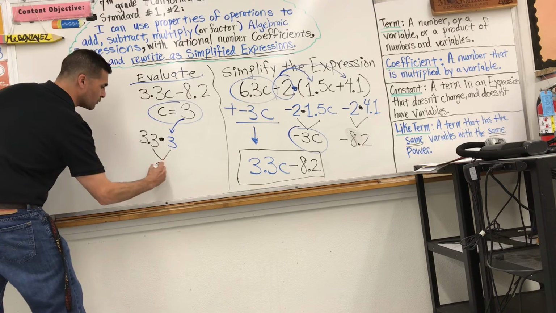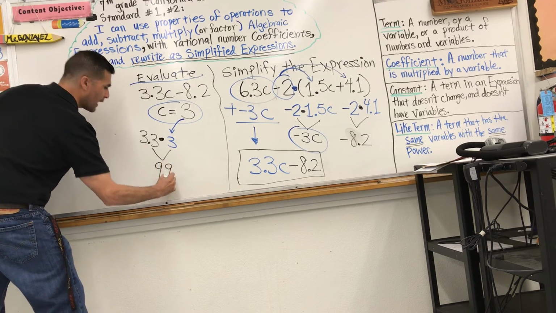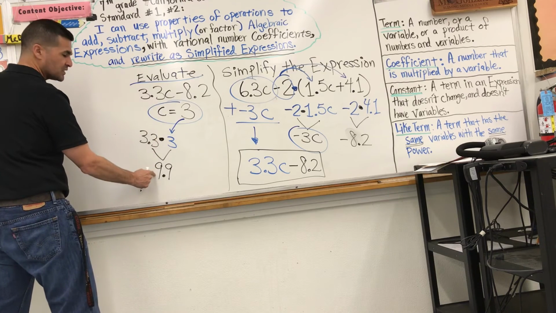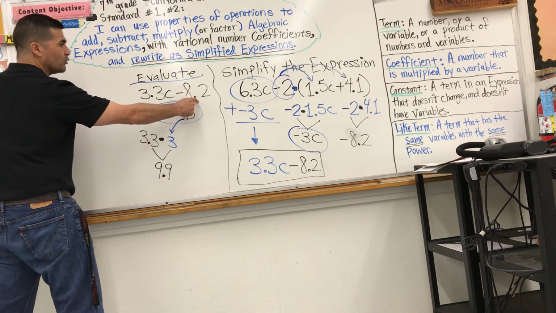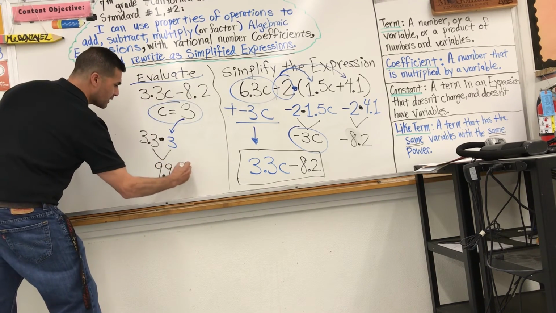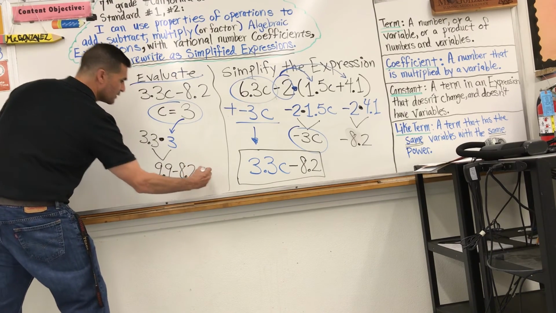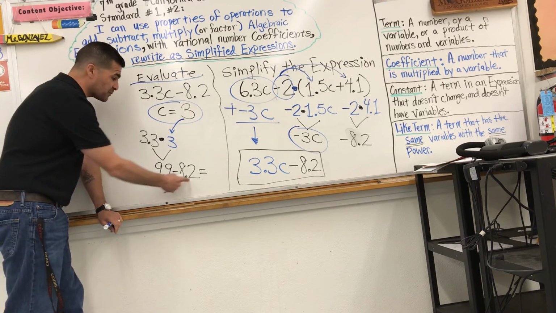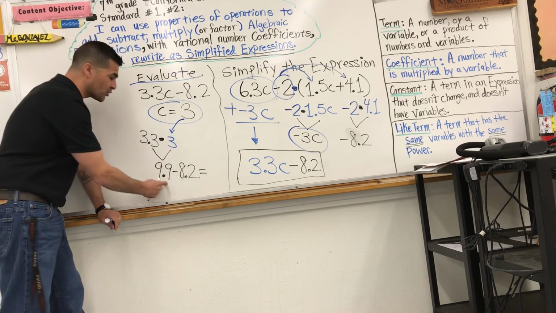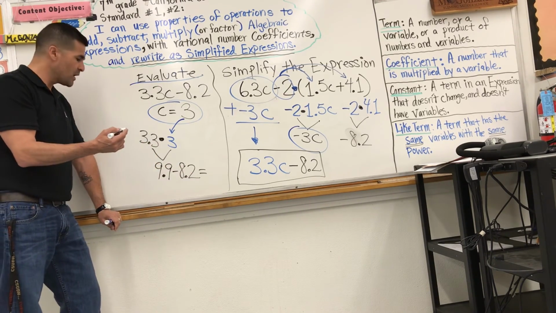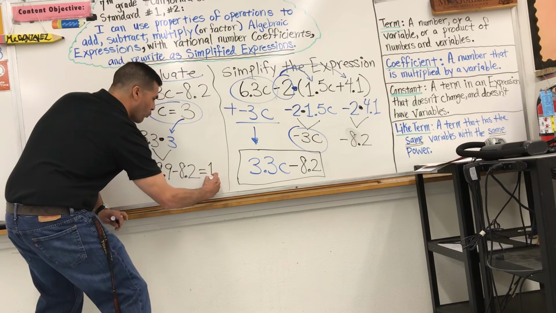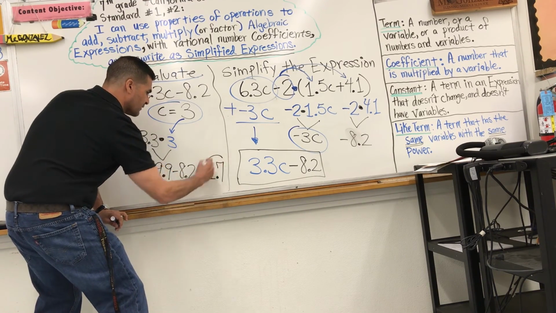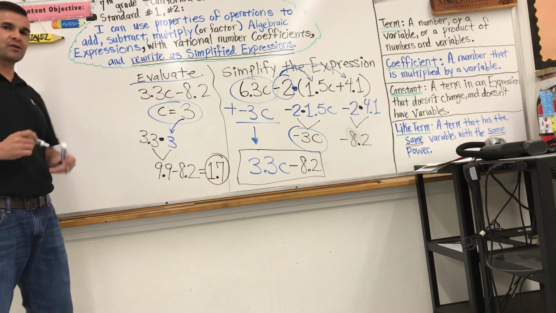This is going to give you 9 and 9/10. Now this doesn't have a variable, and you can subtract 8 and 2/10 from 9 and 9/10 because they both don't have variables. They have a special name when they don't have a variable. These terms are called constants. Well, you should be able to get a positive 1 and 7/10. And hopefully that's what you got.